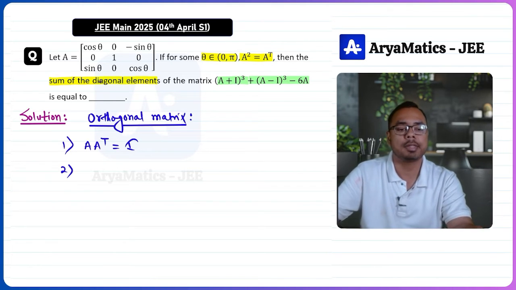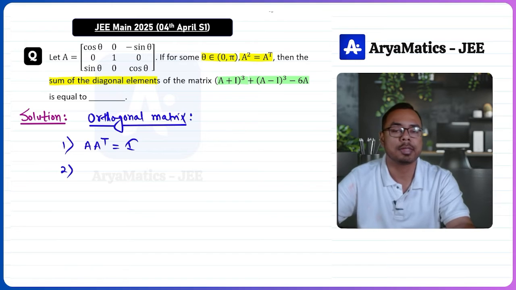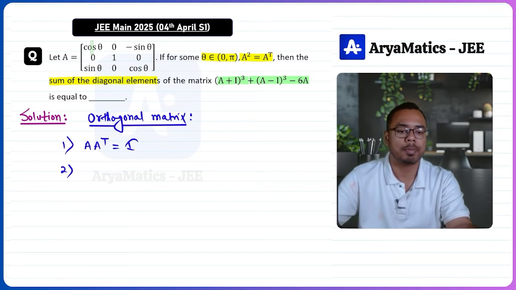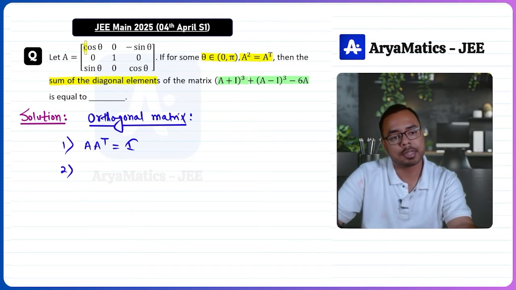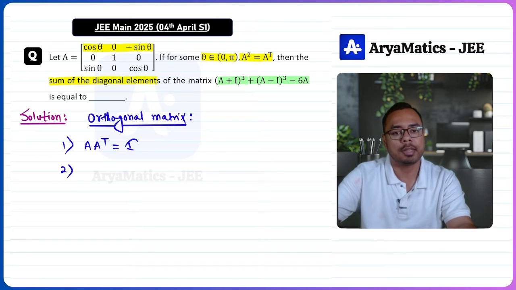The very first one is that in case of orthogonal matrix, every row is perpendicular to every other row, right? If you take any row vector and take the dot product of that row vector with any other row vector, then you should get a 0, right? For example, here let us say this is R1, this one is R2 and finally this one is R3.